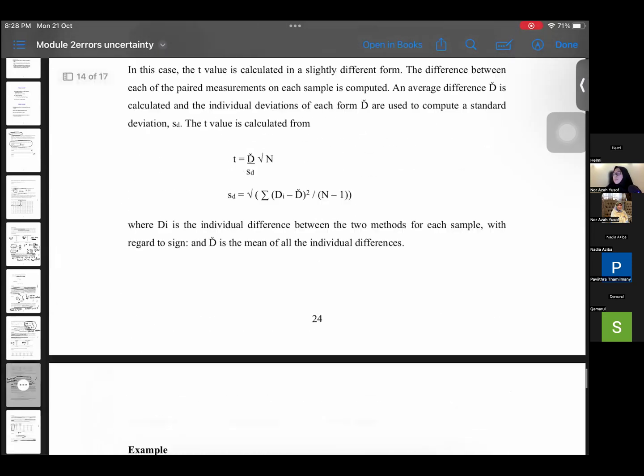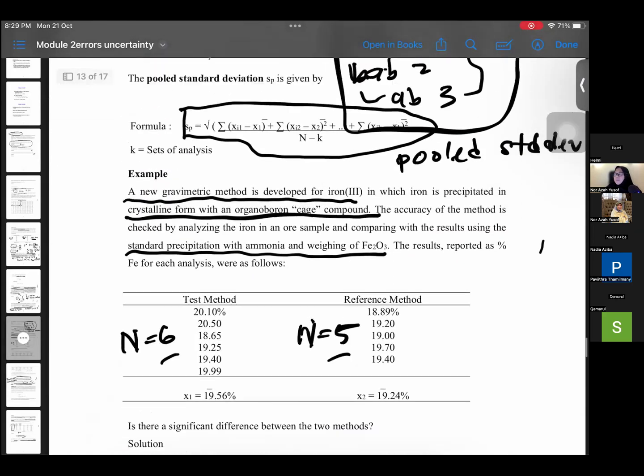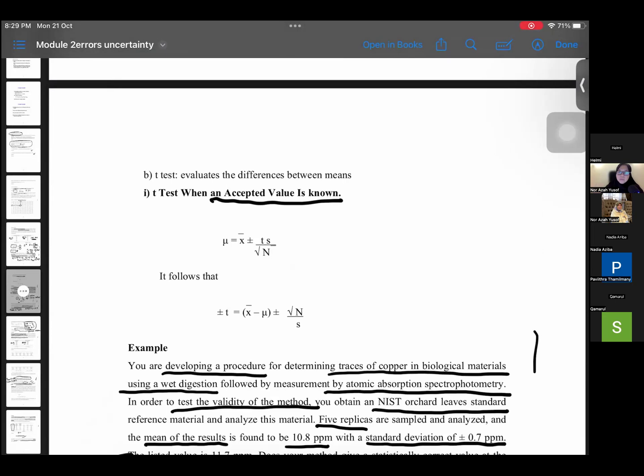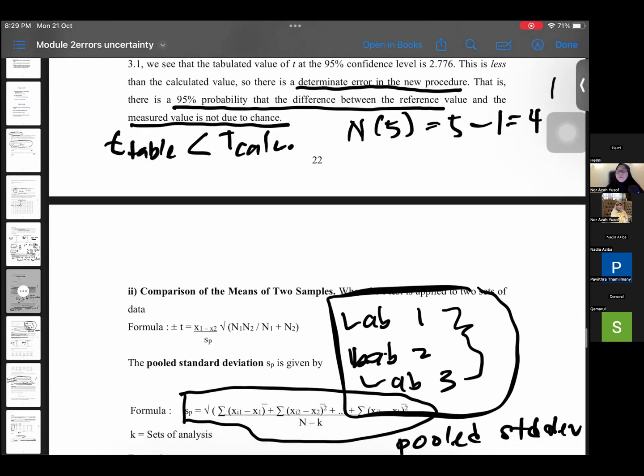Okay, so there are 3 types of t-tests. Remember, when you have sets of data, you start with the F test, to evaluate the precision: how good your distribution of data is compared to the standard method that you have chosen. Once that passes, you choose the t-test that is suitable for your application.